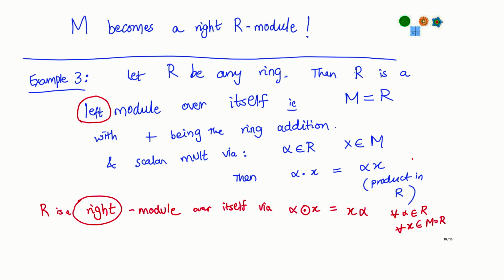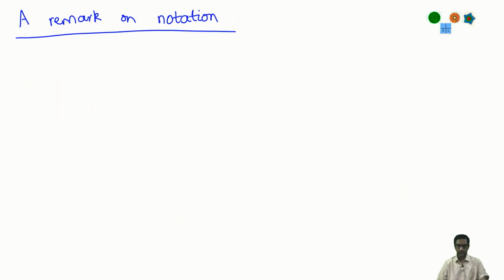Okay, so we have seen in some sense three examples of left modules and three examples of right modules. A remark on notation. We keep talking about left and right modules.